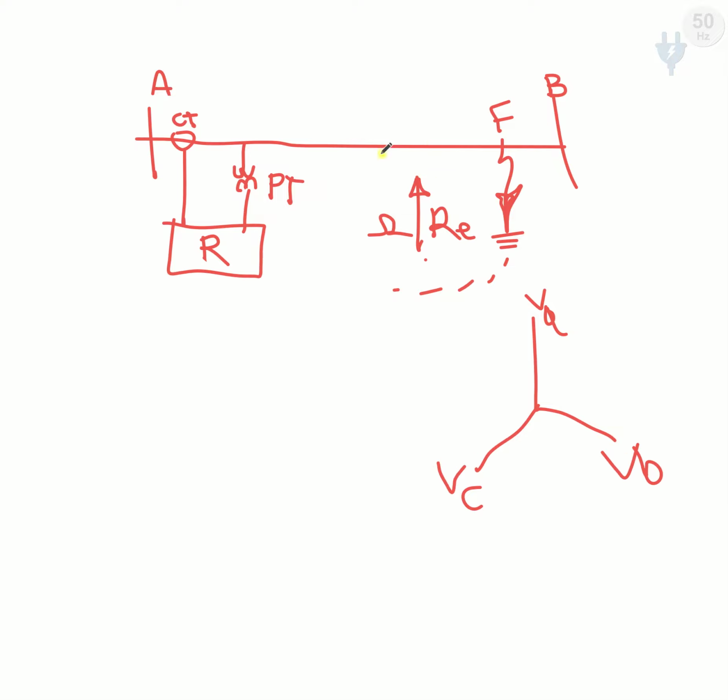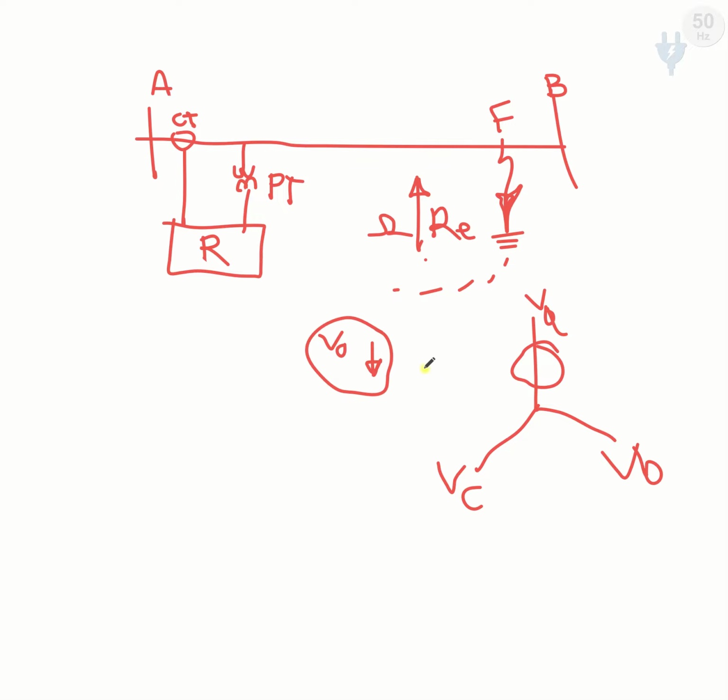We know that in a very high resistive fault, only a very marginal change will be in VA, so if the fault is on phase A, the value of V0, the zero sequence voltage, will be very small.